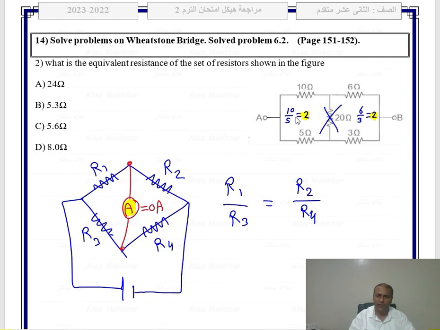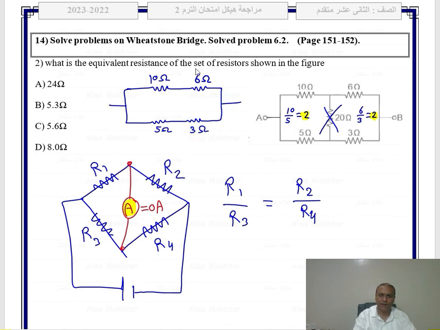After I delete this resistance, we have 2 resistors connected in the same branch, 10 ohm and 6 ohm, and another 2 resistors connected in another branch, 5 ohm and 3 ohm. 10 and 6 equal 16 ohm. 3 and 5 equal 8 ohm. 16 and 8 are connected in what?